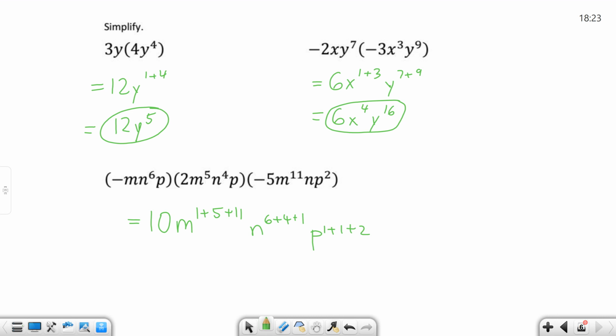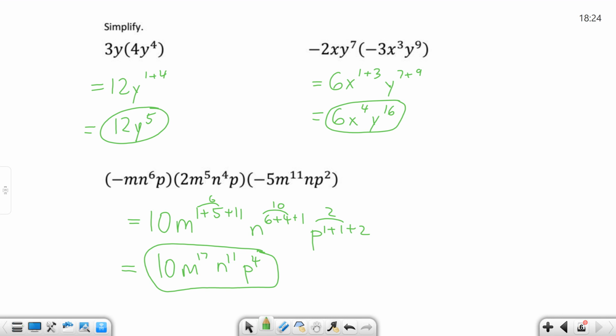So now we just need to simplify those things. So that's going to be 10 m, and 6 plus 11 is 17. N's, 6 plus 4 is 10, so it's going to be n to the 10 plus 1 is 11. And then p to the what? 1 plus 1 is 2 plus 2 is 4. So 10 m to the 17, n to the 11, and p to the 4th. And that is the final answer for that one.